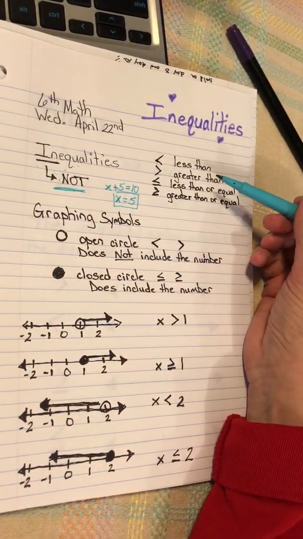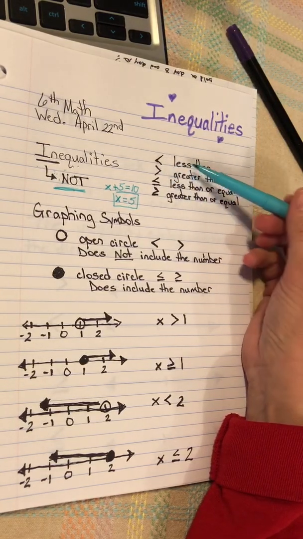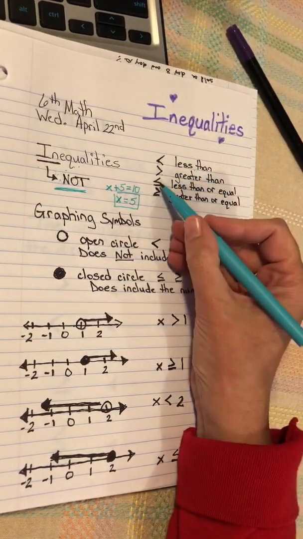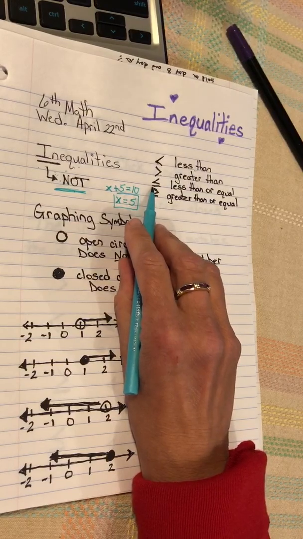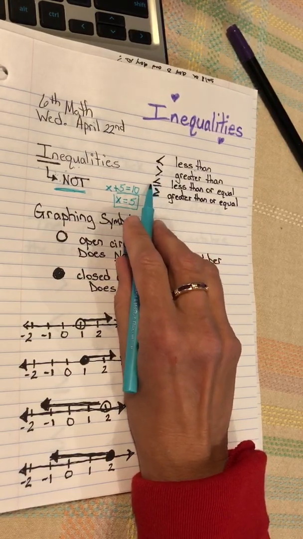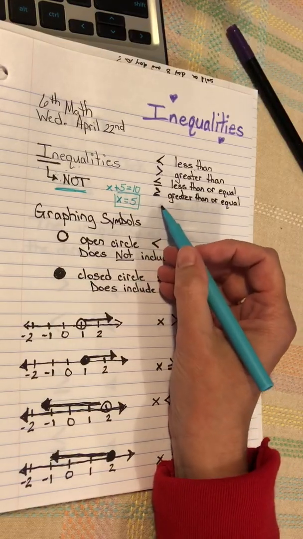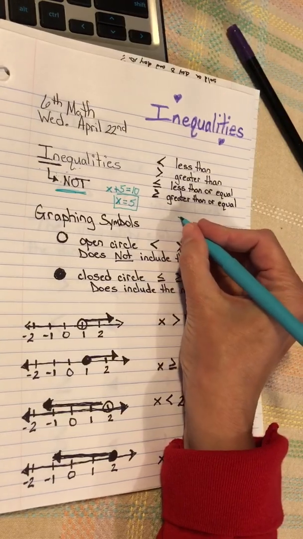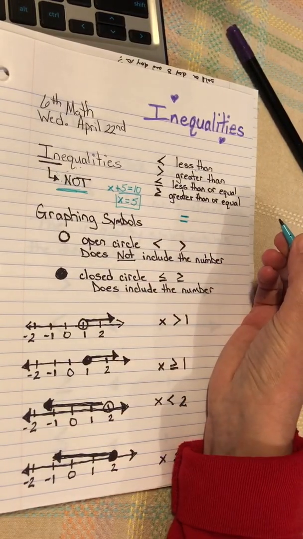So on Tuesday, they reviewed the different symbols. We have less than, greater than, less than or equal. If it has the line underneath it, that means less than or equal to, or greater than or equal to. The line underneath should remind you of the equal sign.